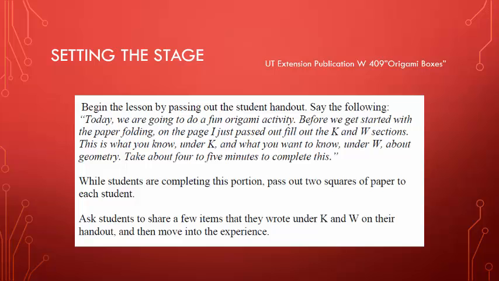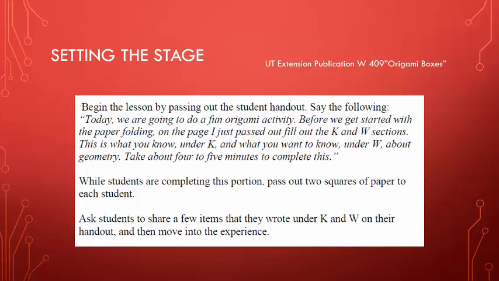I'm going to work throughout this presentation with a couple of examples from published lesson plans that you can find on the Tennessee 4-H website. This particular example comes out of publication W409, called Origami Boxes. Here in setting the stage, we're looking to gain students' attention, and we do this by asking them to complete a KWL chart.